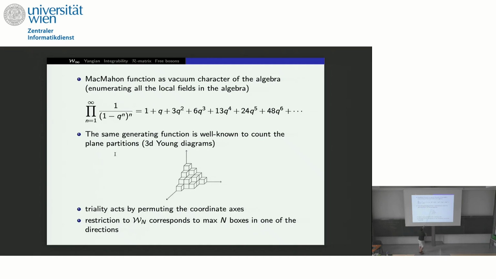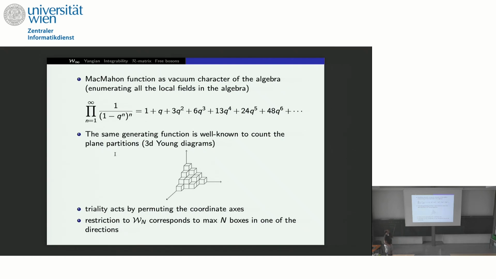So you see, for example, that I have one field of dimension 1, which was my spin 1 generator. Then I have three fields of dimension 2. So there is the Virasoro stress energy tensor, then a square of the spin 1 field and a derivative of the spin 1 field. So we can do this simple counting, and this is the function that counts all the states.